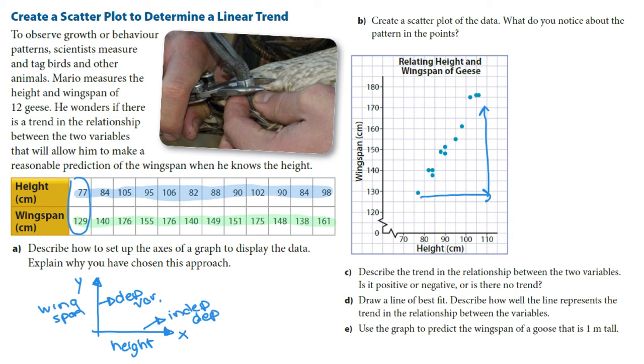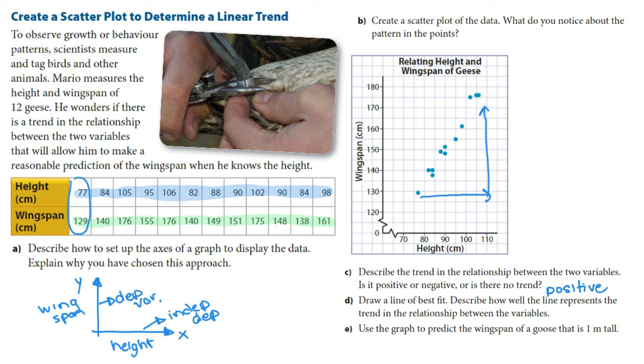So describe the trend in the relationship between the two variables. Is it positive or negative, or is there no trend? So we call this a positive trend, because as the independent variable, the height, increases, so does the dependent variable, the wingspan. So it's going up as it goes to the right. So it is a positive trend.